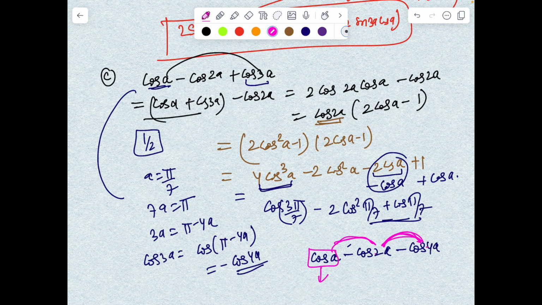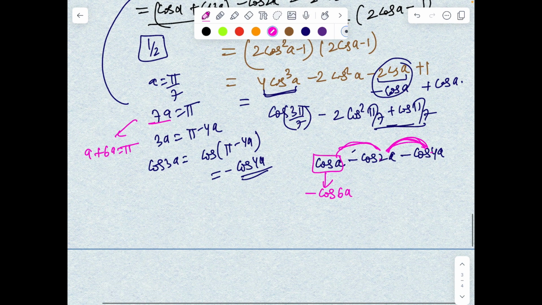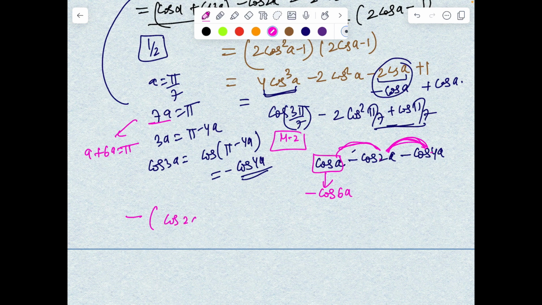So 2, 4 is there, so we'll try to relate a with 6a. And that's also possible because 7a is pi, again I can write a plus 6a equals pi. तो यहाँ से cos a can be written as minus cos 6a. तो अब my life is interesting. So I'm giving you method 2 of doing this. So the given expression is just minus cos of 2a plus cos 4a plus cos 6a.